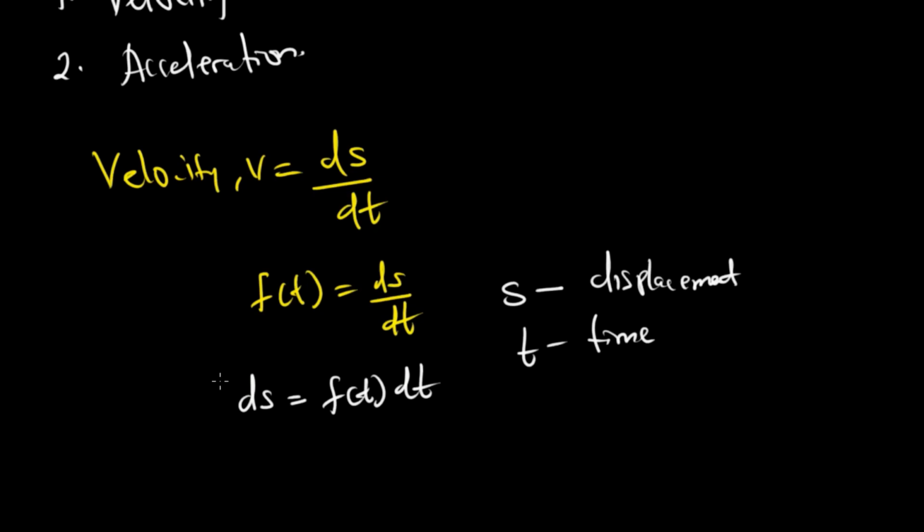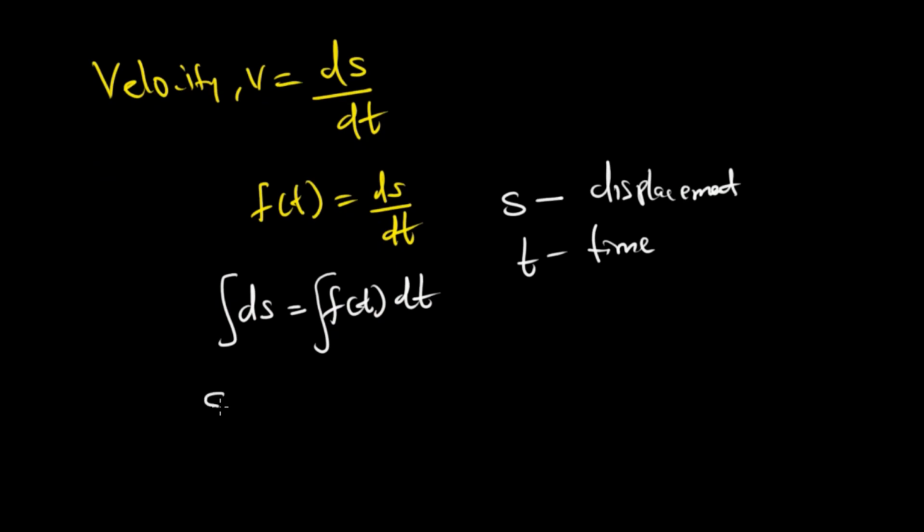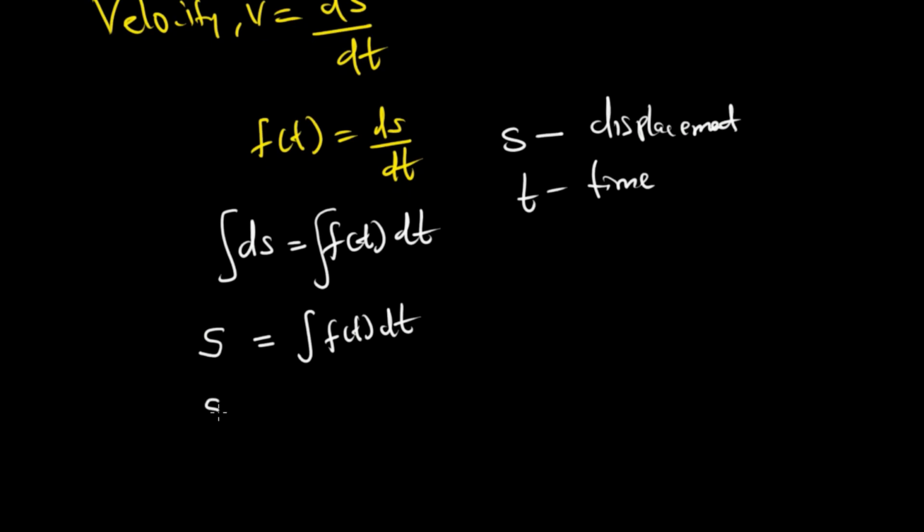If you are not familiar with it, we only look at this while looking at integral calculus. So if you take the integral of both sides, the integral of the left hand side and also the integral of the right hand side, we're going to have s, which is the displacement, equal to the integral of f of t dt. And if you find the integral of f of t dt, we're going to have s, our displacement, equal to, using capital letter now, F of t plus c, where c is the constant of integration.